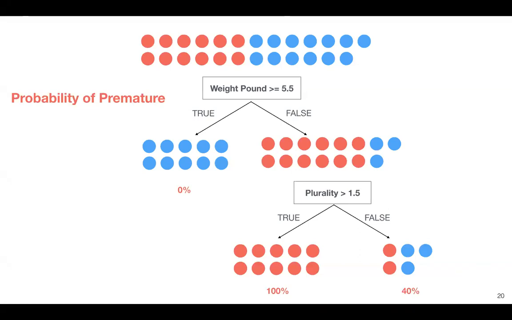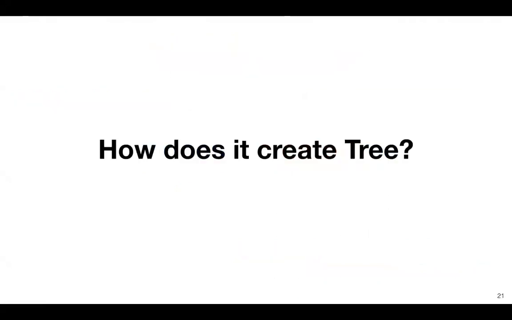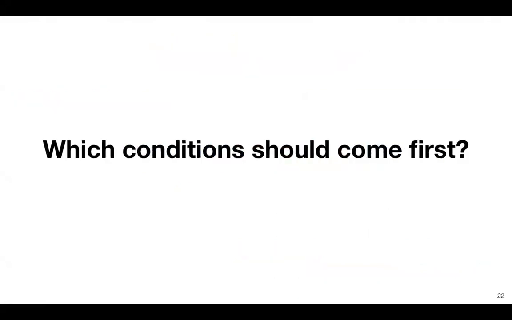So now the question is, how do we build a tree, or rather, the machine can build it for us, but how does the algorithm build this tree, how does it design it? What we're talking about here is which conditions should come first, right? We had two conditions, the weight pound and the plurality.